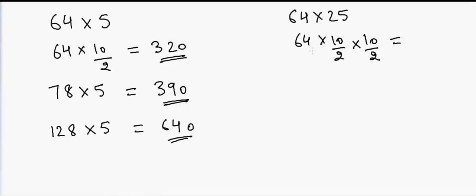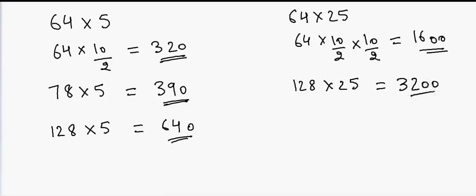Half of 64 is 32, half of 32 is 16. The answer is 1600. Again, if I have 128, I want to multiply by 25. In that case, it will be equal to half of 128, 64, and half of 64 is 32. It's 3200.